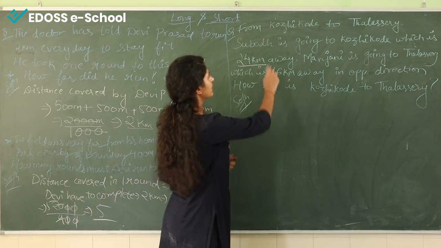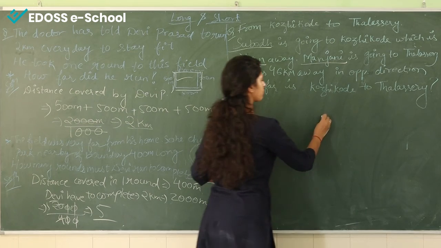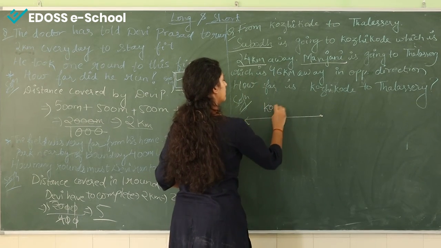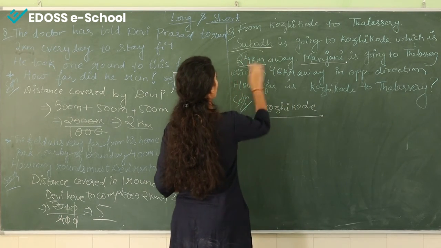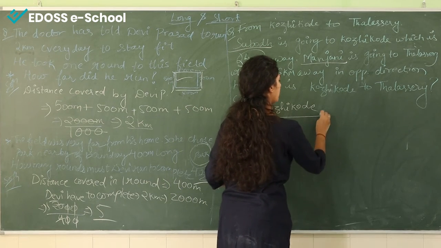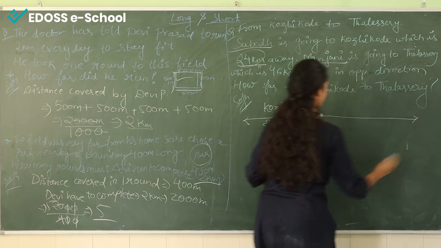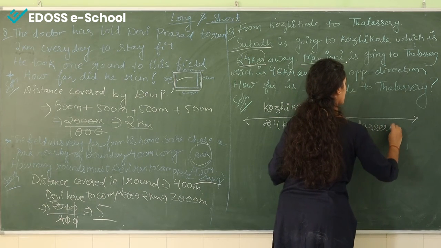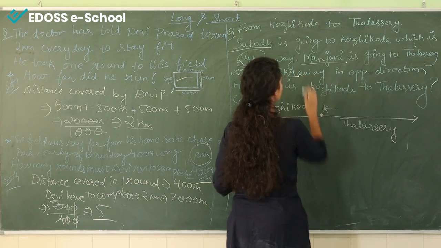Suppose they both are starting, Subodh and Manjini are starting from the same point, that is from here. So Subodh is going to Kozhikode, that is 24 kilometers away, and Manjini is also starting from the same point, in opposite direction, to Thalassery, that is 46 kilometers away.